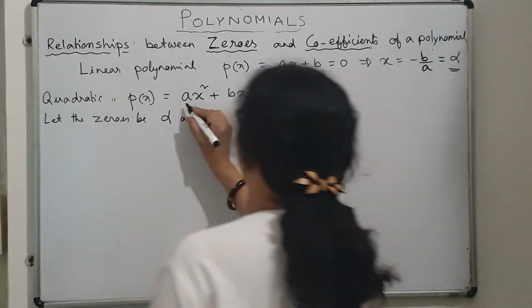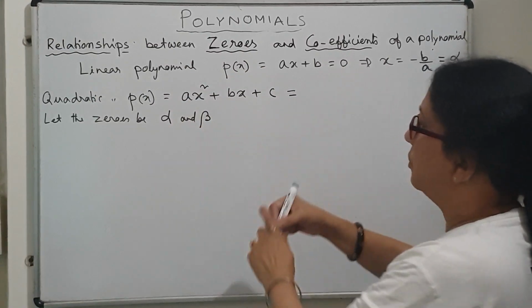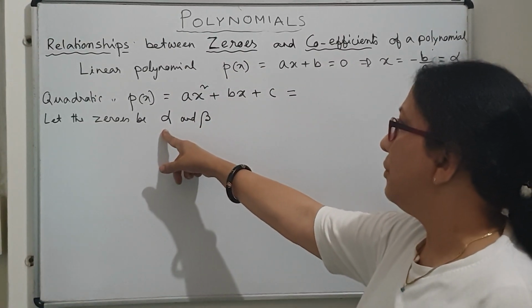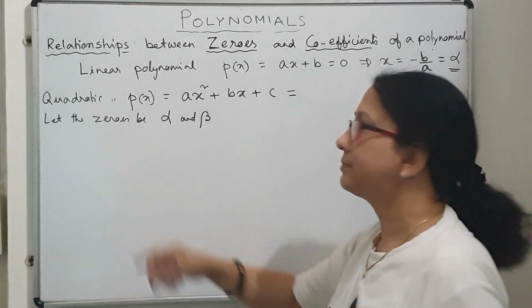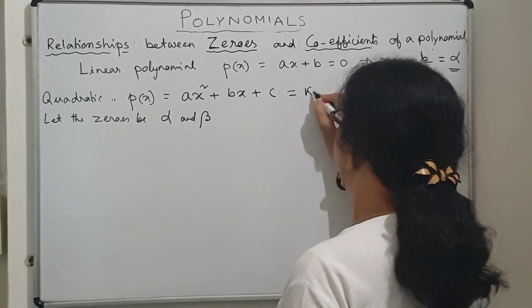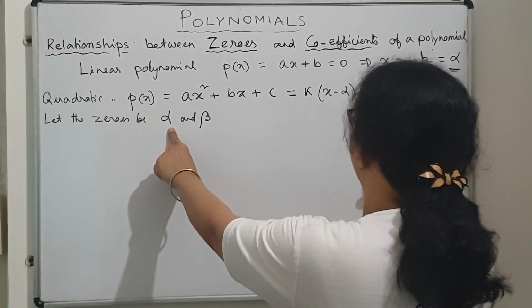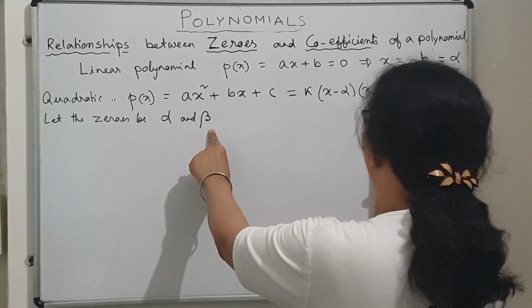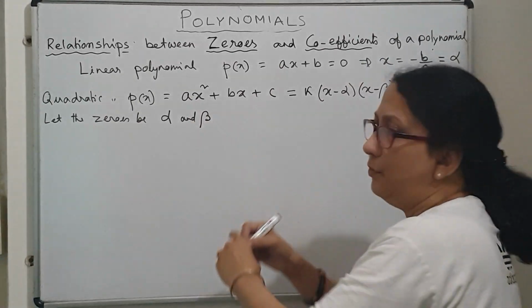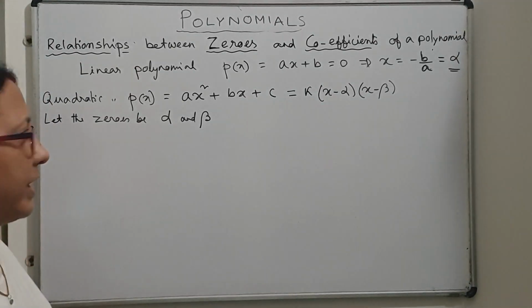So corresponding to each zero, there will be a linear factor. So I can write in this way: some constant into, corresponding to alpha, x minus alpha is a factor, and corresponding to beta, x minus beta is a factor. Now if you recall the factor theorem that you have studied in 9th class, what was the factor theorem?